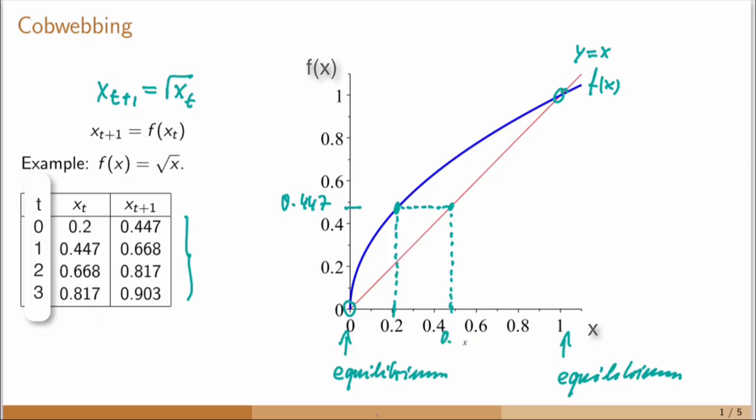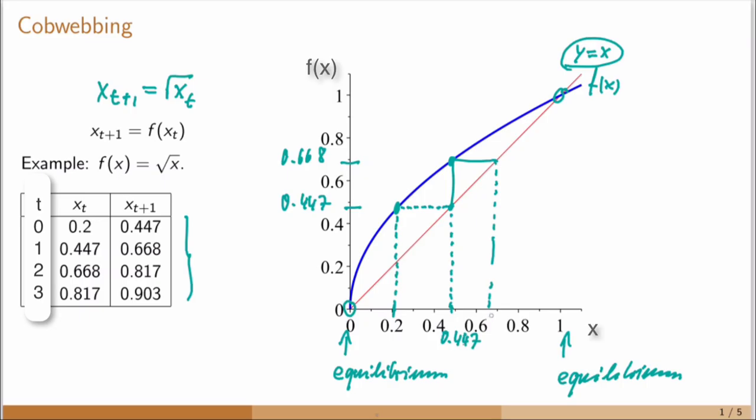So this is 0.447. It has to be, because the diagonal says y equals x. So it can be used to mirror one value from one axis to the other. Okay, so now I have this value, and I sub it into the function again, which means I go to the function. And I get the next value, right here, which then is 0.668. And then I need to mirror this point down to the x-axis for the next iteration.